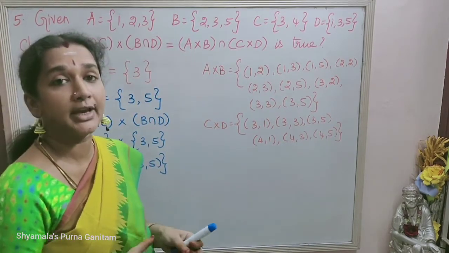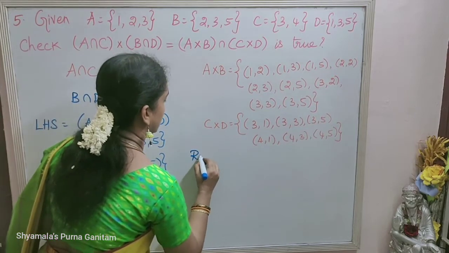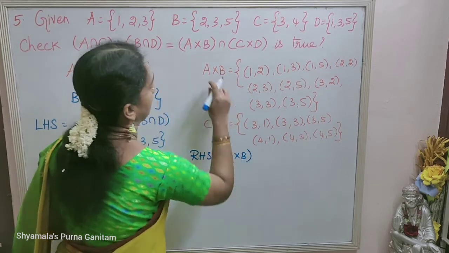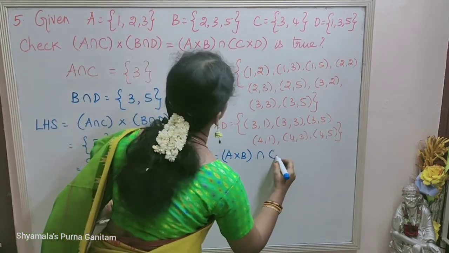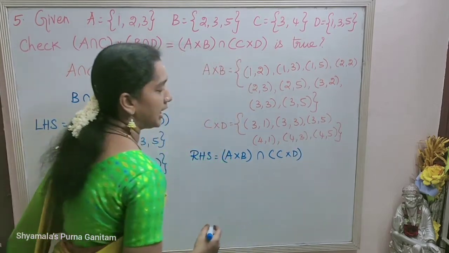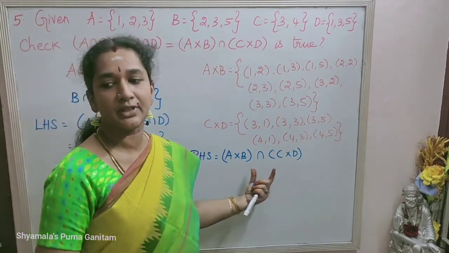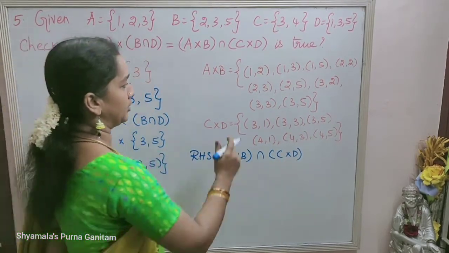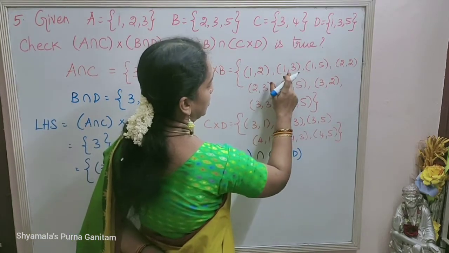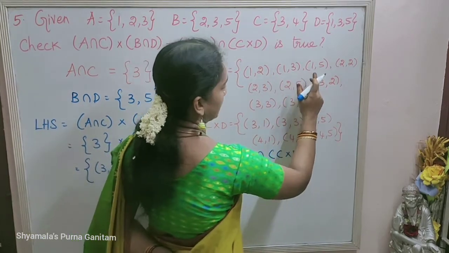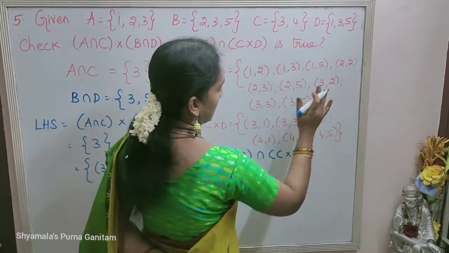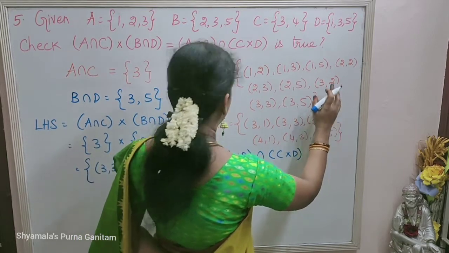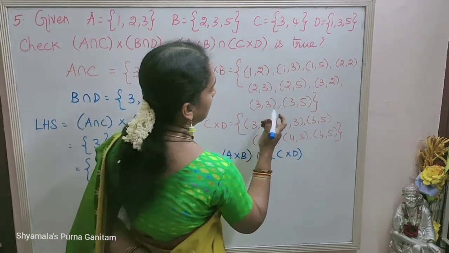So now we will find RHS. So RHS is A cross B intersection C cross D. So we are asked to find the intersection of these two things. So (1, 2) is not there. (1, 3) is not there. (1, 5) is not there in this. (2, 2) not there. (2, 3) is not there. (2, 5) is not there. (3, 2) is not there. (3, 3) is there.